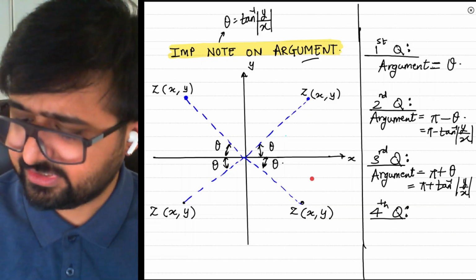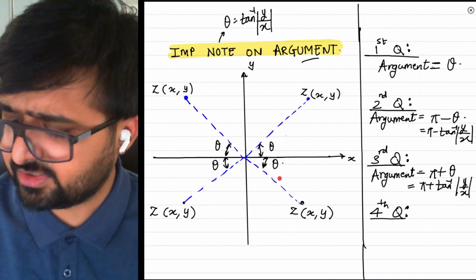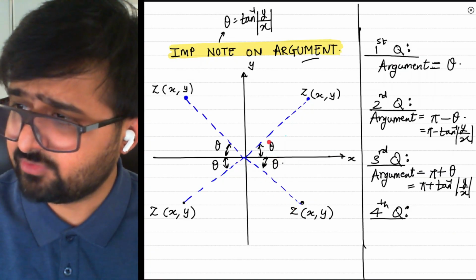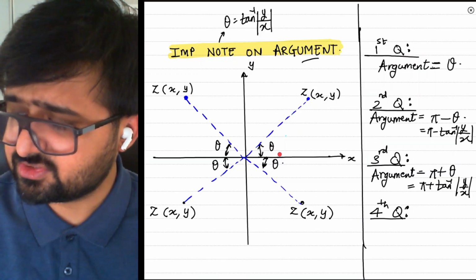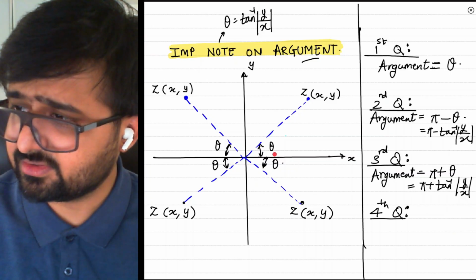In the fourth quadrant, the line OZ makes an angle with the positive x-axis. We always go anti-clockwise, so it's from this side. We know this whole is 2 pi, 360 degrees.